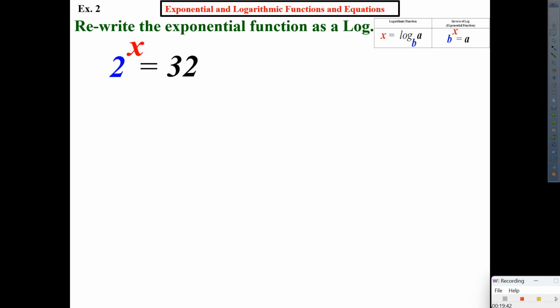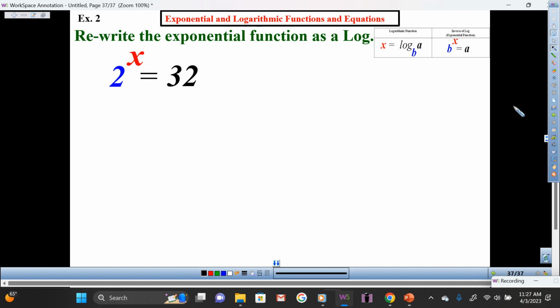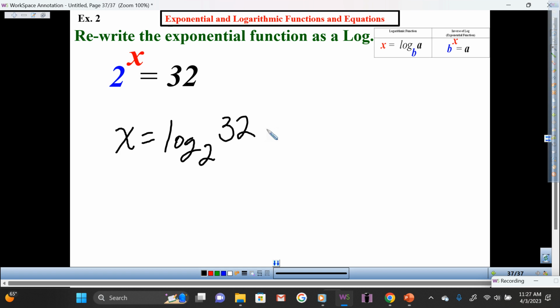Check with the neighbors, see what they got. All right, let's see. What did you get for this one, Alyssa? x equals log 2, 32. Hands up if you got that.